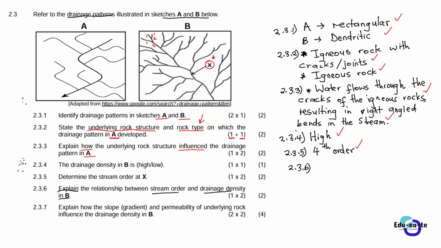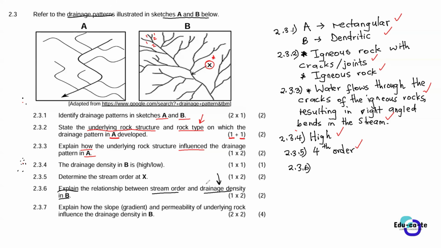Now, for this 2.3.6, I could say that there is higher stream order, so higher drainage density. Yes, so that's the actual end result, but you need to explain how you got there.